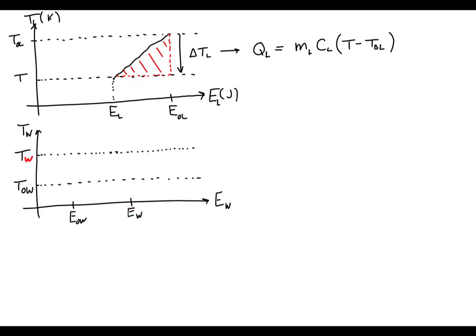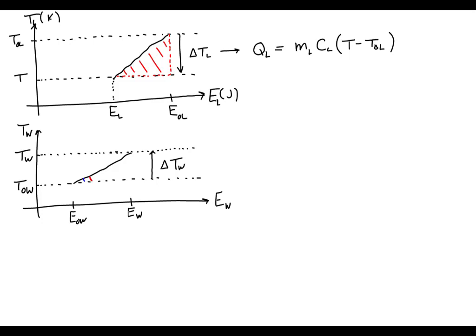To illustrate that in my picture, I am just going to draw this linear line. This is indicating a change of temperature that is going to be positive. So this is the change of temperature of the water.